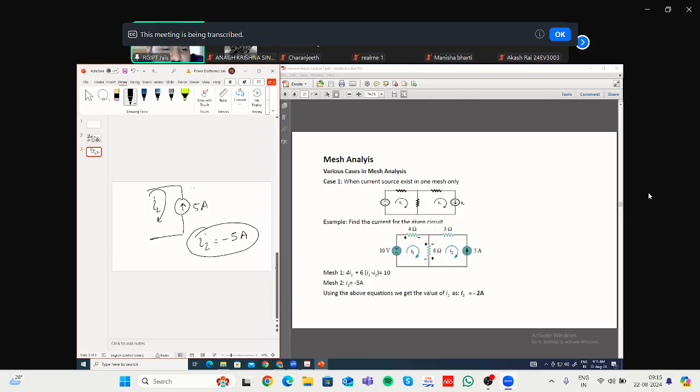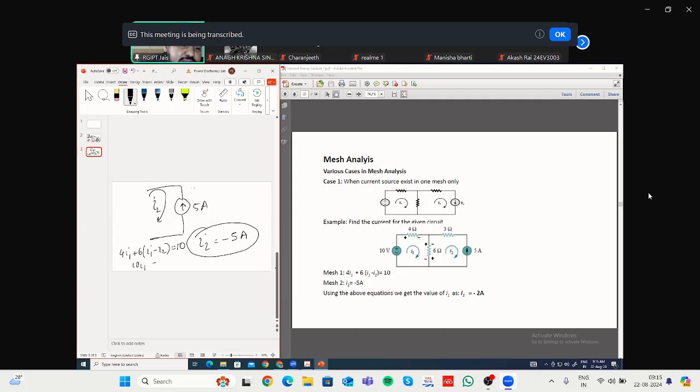So if I2 is 5 ampere, we've already got one equation, that is 4I1 plus 6(I1 minus I2) is equal to 10. Here the two unknowns are I1 and I2. But I2 is known, so 10I1 is equal to 10 minus 6 multiplied by I2.